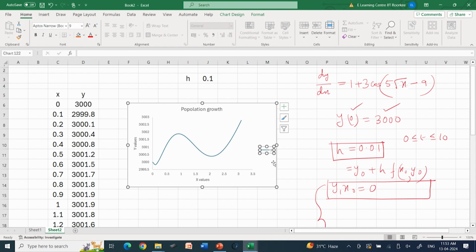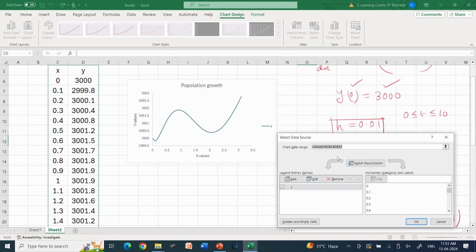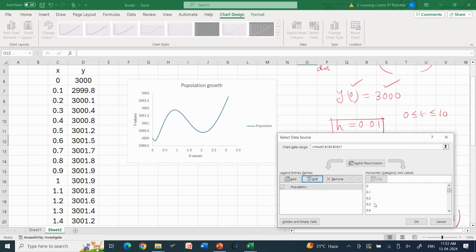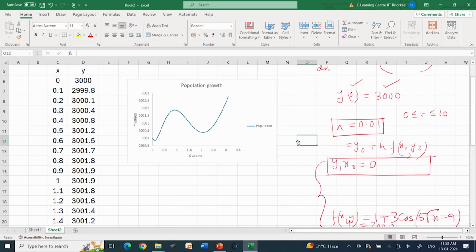If you want to change this again, you have to select this curve, go to chart design, select this data, select this y, go to edit and edit this, and I write say population. The moment you click OK, you will see that this has changed to population.